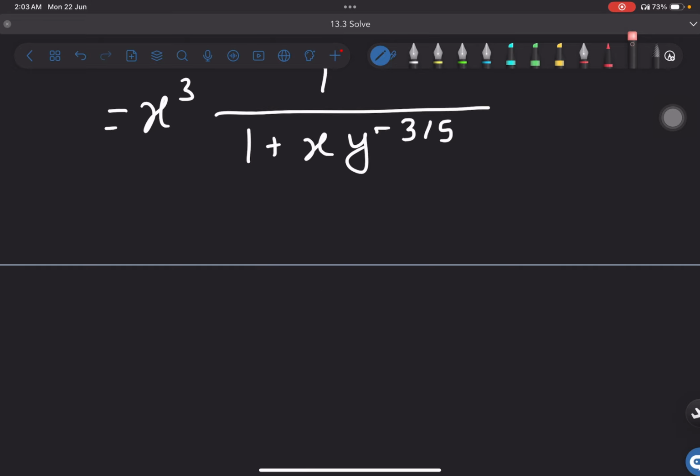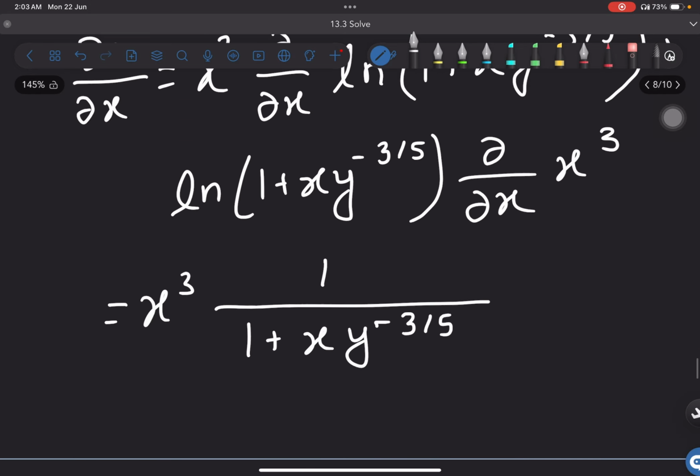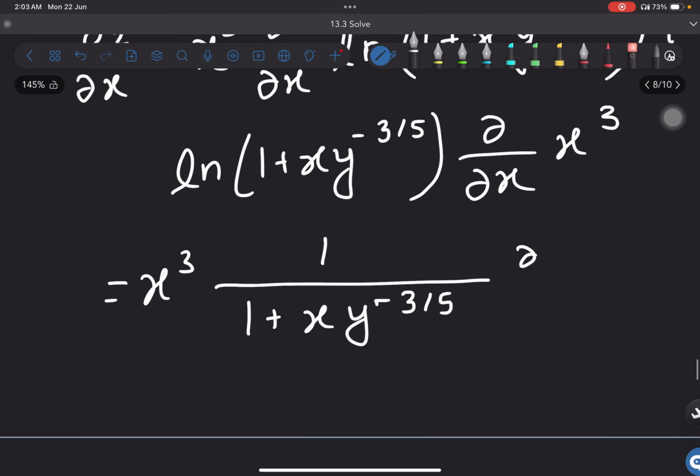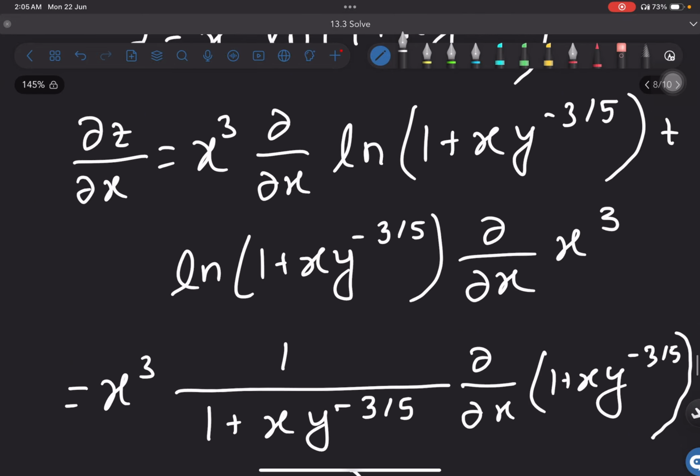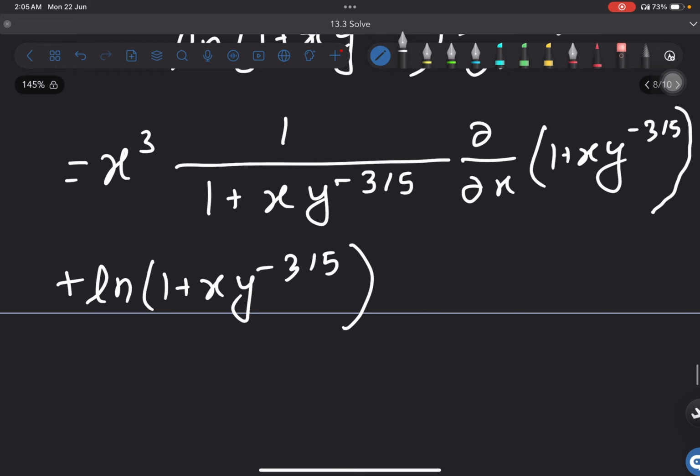But over here, this is not only ln x, but this is ln 1 plus xy to the power minus 3 by 5. So now we also have to differentiate 1 plus xy to the power minus 3 by 5, and then plus ln 1 plus xy to the power minus 3 by 5 times del x of x cube, which simply becomes 3x squared.